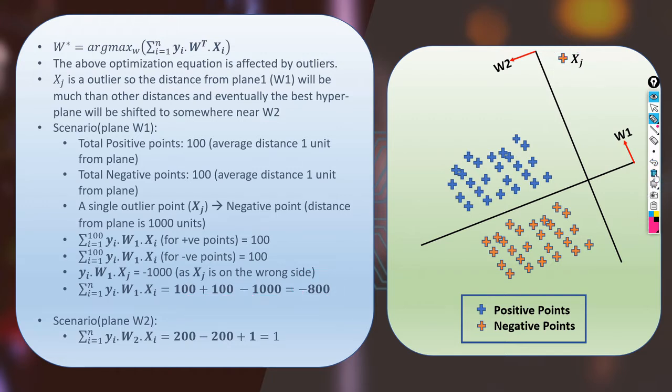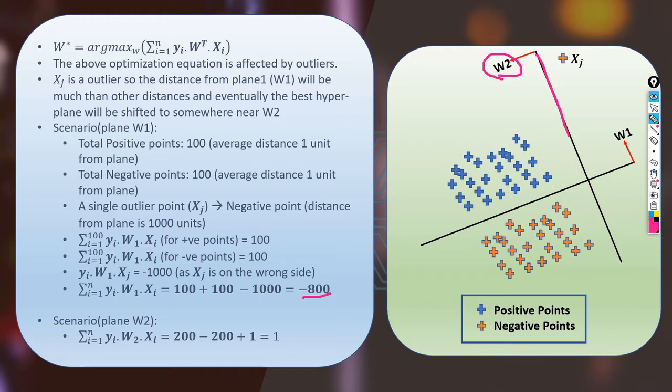Now logistic regression will try to find some other plane which will maximize this distance. This is negative 800, so it is not even positive. So it will find another hyperplane, say this one. W2 is the normal to pi 2, or plane 2.